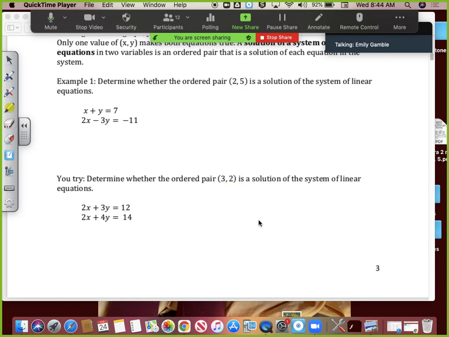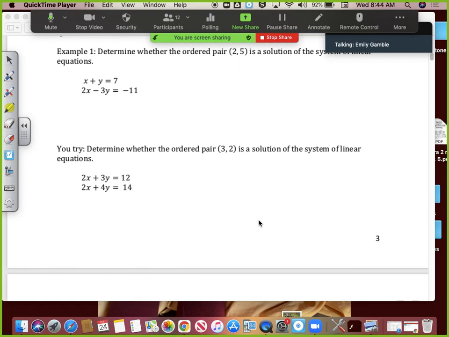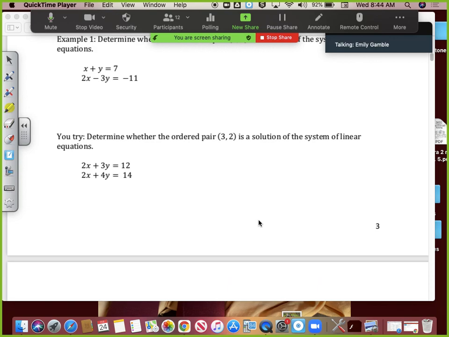Alright, so to go over this problem, what we will do is take (3, 2) and replace it in for x and y for both of the equations. The equation 2x plus 3y equals 12 will be 2 times 3 plus 3 times 2. Let's see if that equals 12. Well, 2 times 3 is 6, 3 times 2 is 6, 6 plus 6 is 12, so yes, it works for the first equation.